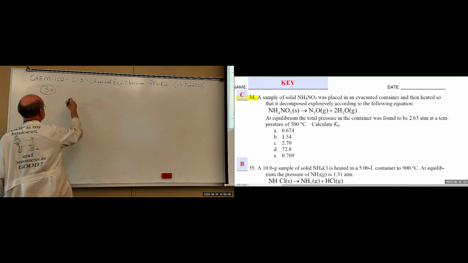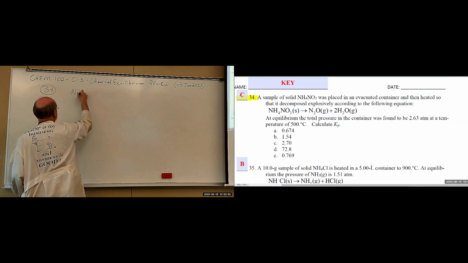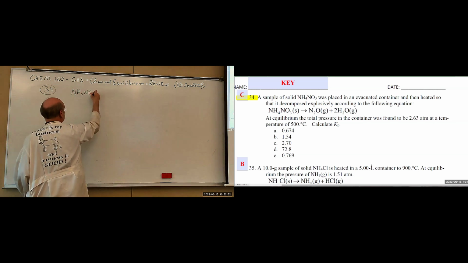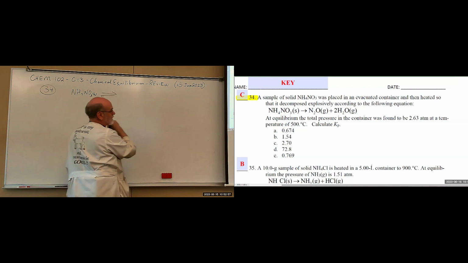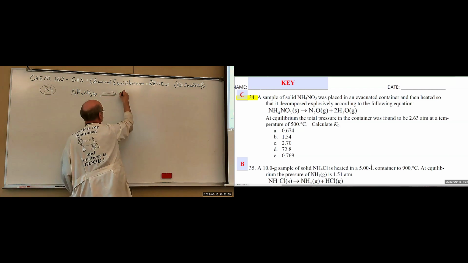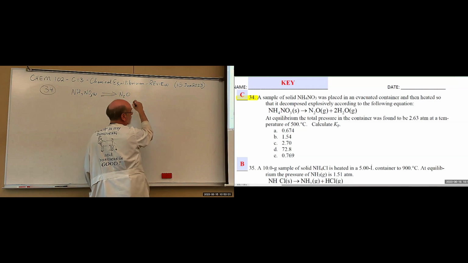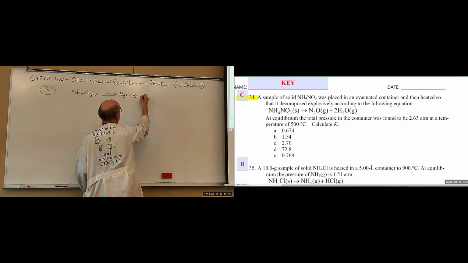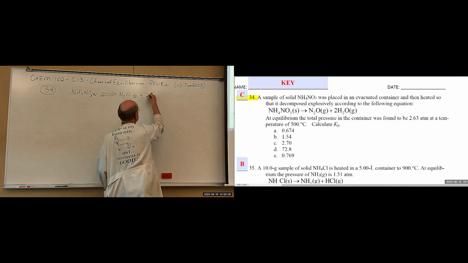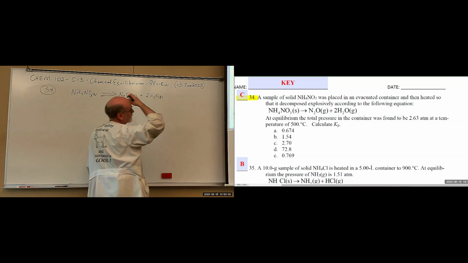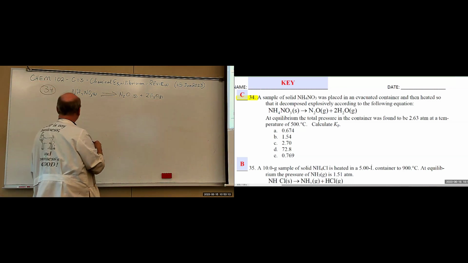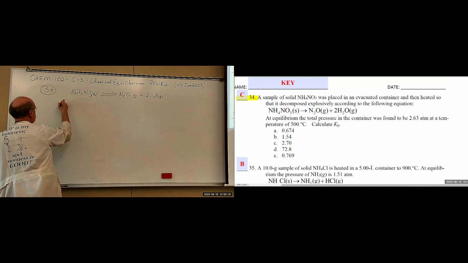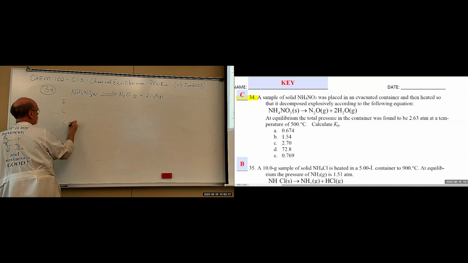All right. So ammonium nitrate is a solid. N2O there plus 2H2O. Yes. At equilibrium, the total pressure is 2.63. So I'm just going to write this up here to help me.